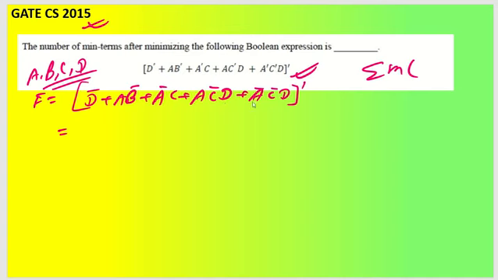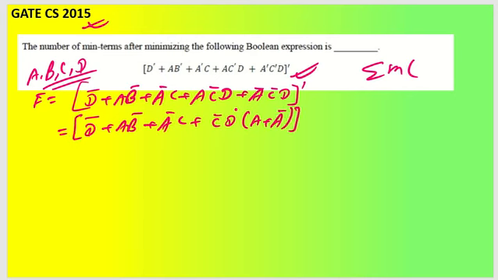So A plus A bar will remain, which becomes 1. So I can write it simply as D bar plus A B bar plus A bar C plus C bar D multiplied by A plus A bar. This is going to give me 1, so we have just C bar D.